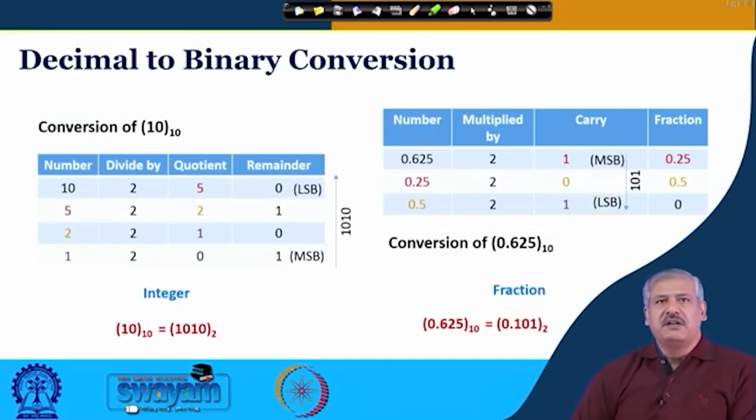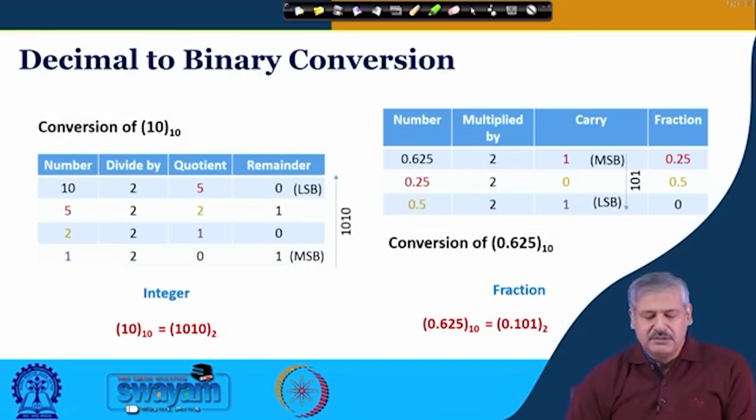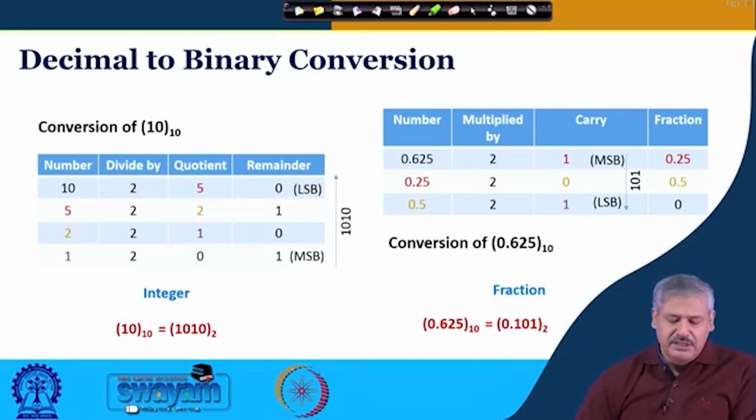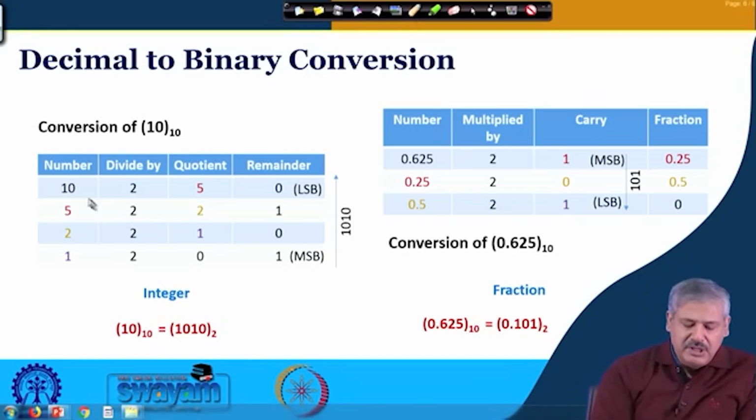Now that was binary to decimal. If we have a decimal number and want its binary equivalent, how do we do it? Let us first look at the integer part, say 10. We first divide 10 by 2 and note the quotient and the remainder. The quotient is 5 and the remainder is 0.